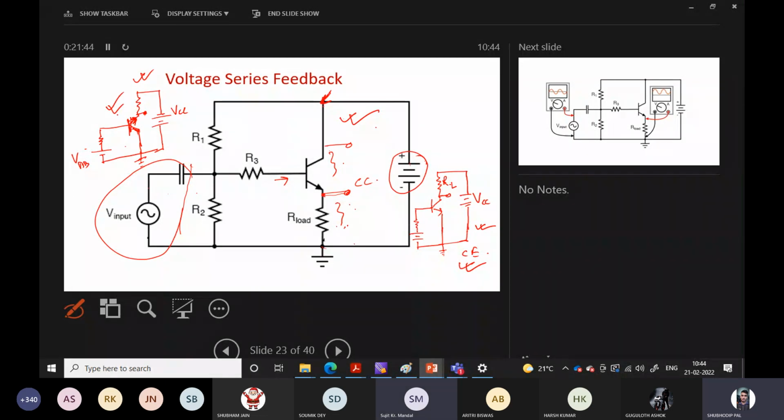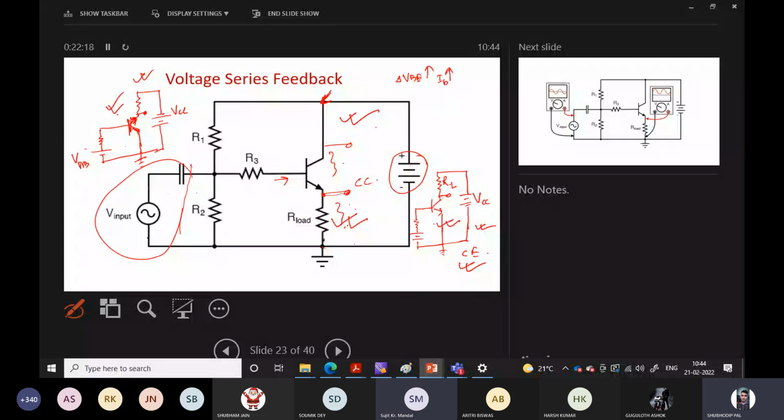So without this resistor, what will happen? Without this feedback resistor, load resistor RL, in this circuit diagram, try to understand: if there is a change in base voltage VBE, del VBE is increasing, that increase in del VB will increase the base current IB.